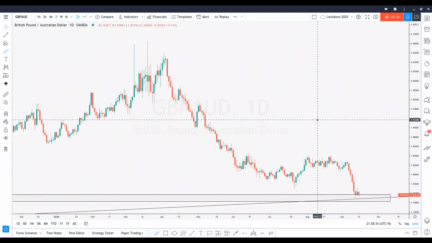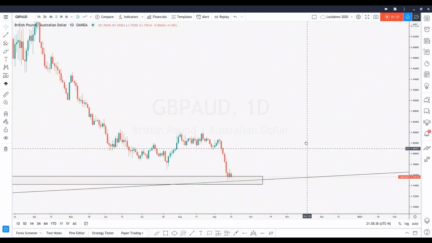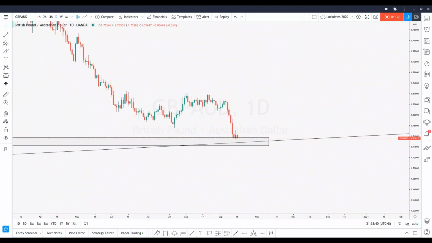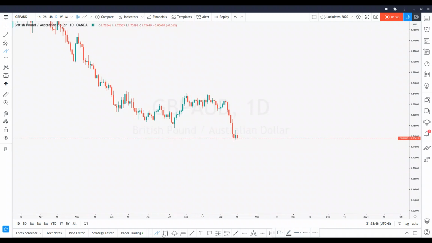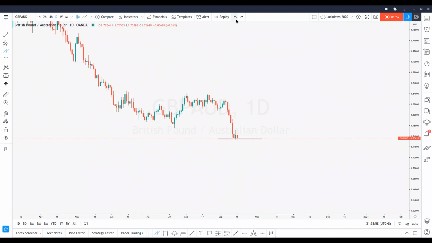If you go down to the daily time frame, it is quite simple, quite clear to see as well that the market in this area has not yet shown any sign of a push to the downside, because it has not yet broken any support here. If the market now will break this support area at the bottom here and start its push to the downside, then I will be interested in taking a shorting opportunity with this pair.